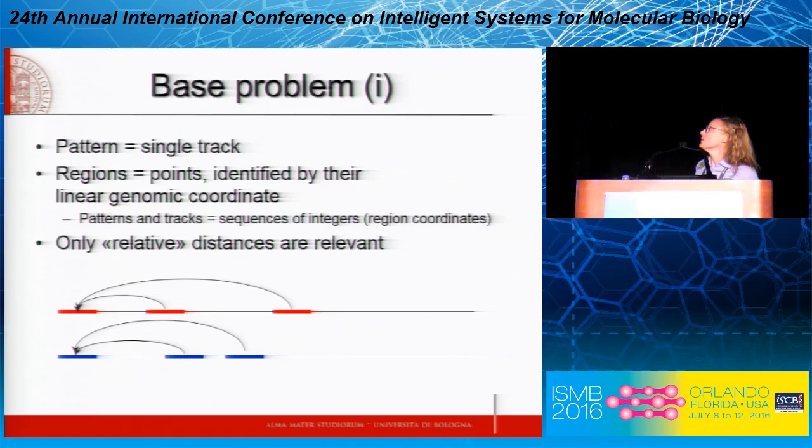Here in red, again, we have an example of a simple track pattern, and we have an example of a target track matching. What is important here is the relative distances between elements of a pattern, because we want to model the structure of our pattern.